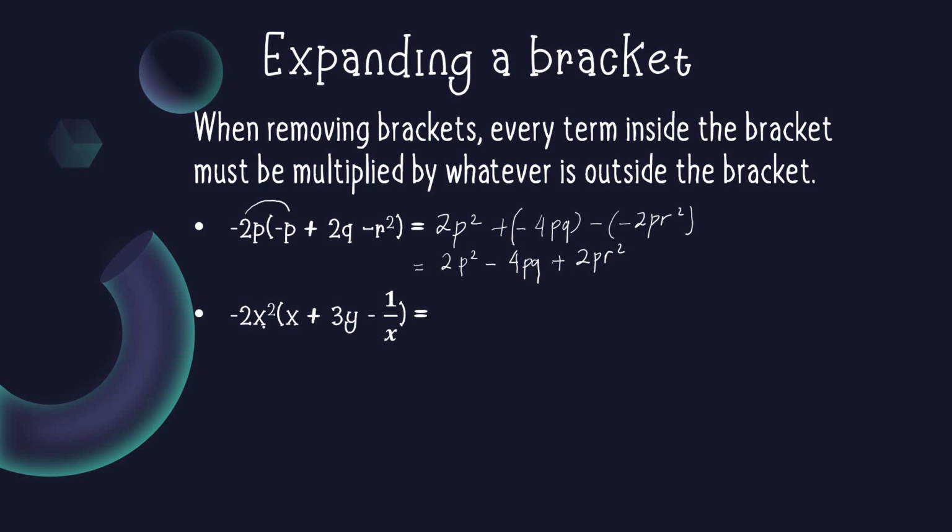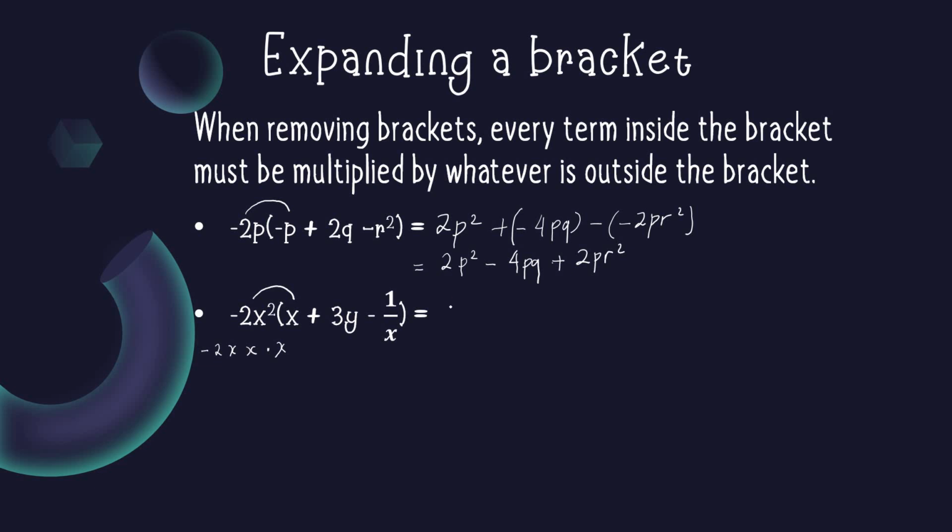So we will do it one by one. The first thing is this one. Negative 2x squared times x. Negative 2x squared, that is x and x. And then you multiply by x. So it becomes x, x, x.